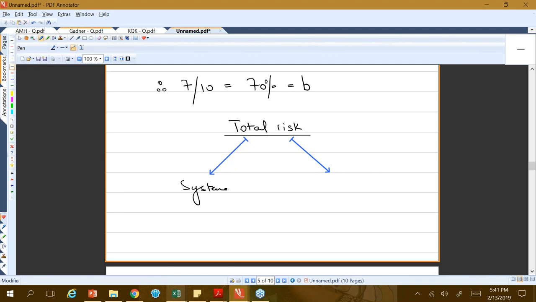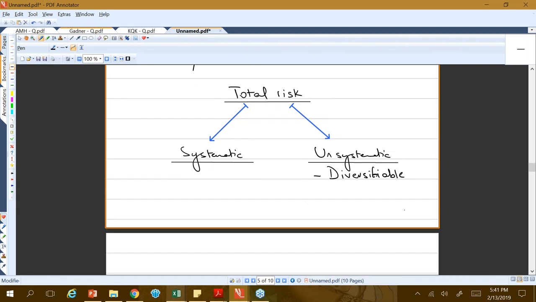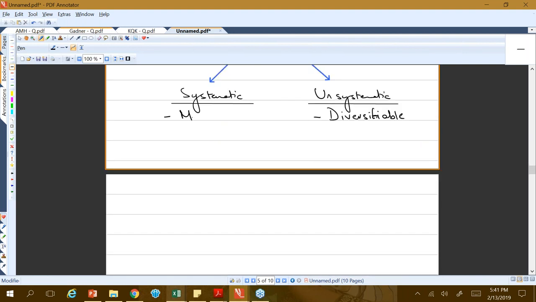We usually do not worry about unsystematic risk because unsystematic risk is diversifiable. We assume that shareholders can diversify it away themselves. What we worry about is systematic risk, which is the market risk.